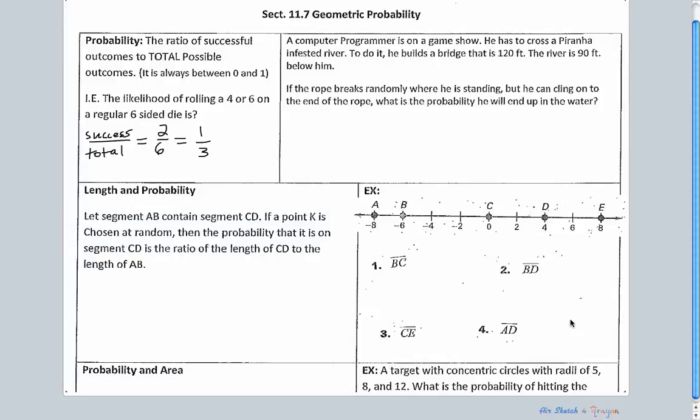Let's look at length and probability. This is something that will come up on the quiz. Let segment AB contain segment CD. If a point K is chosen at random, the probability that it is on the segment CD is the ratio of the length of CD, and so on. Let's draw a picture. Let's draw AB.